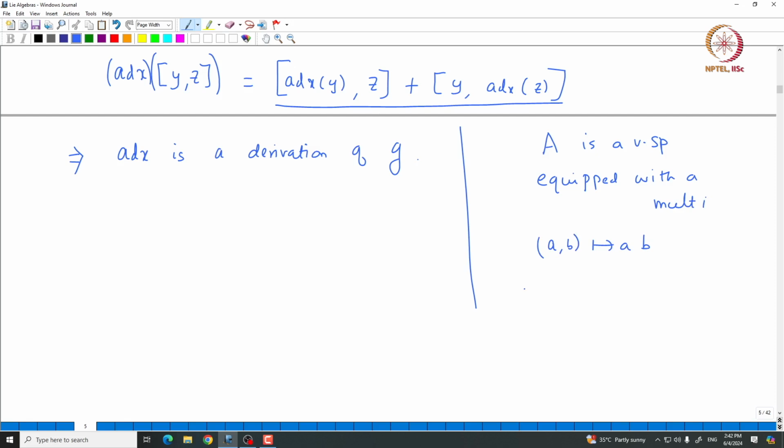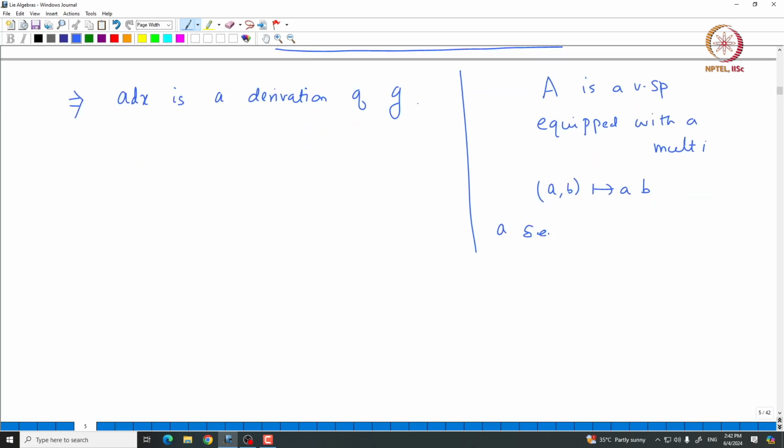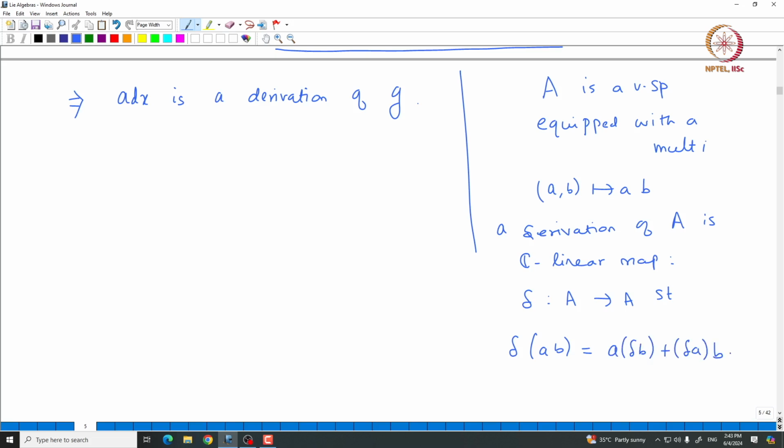So then a derivation of this capital A is a C-linear map which is defined from A to A such that whenever you apply delta on the product AB, delta should satisfy the Leibniz rule, which says delta of AB equals A times delta of B plus delta A times B. And this should be true for all A and B. So that is what derivation means.